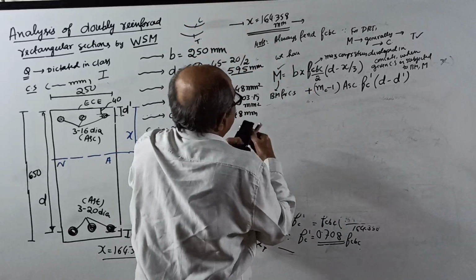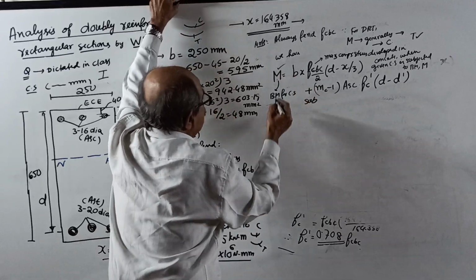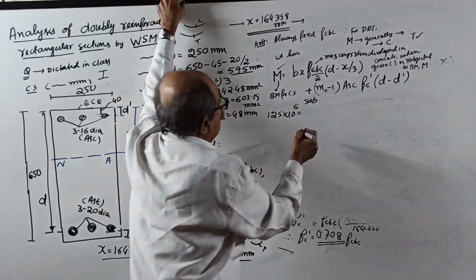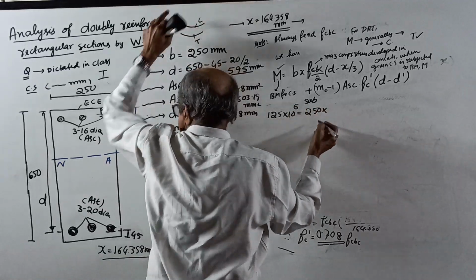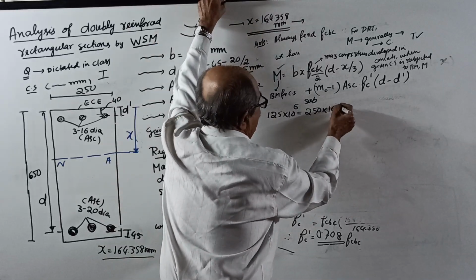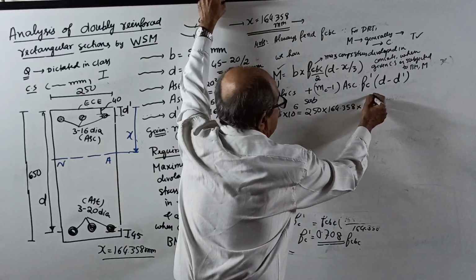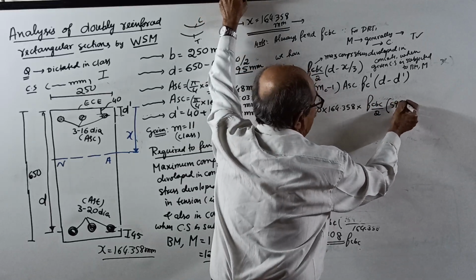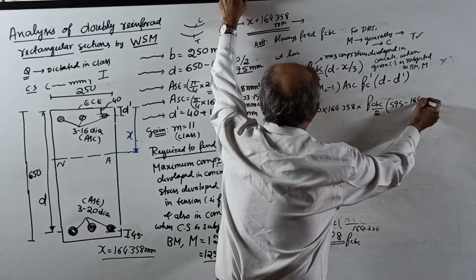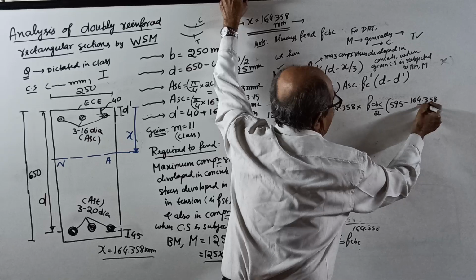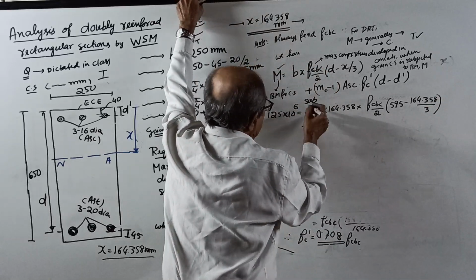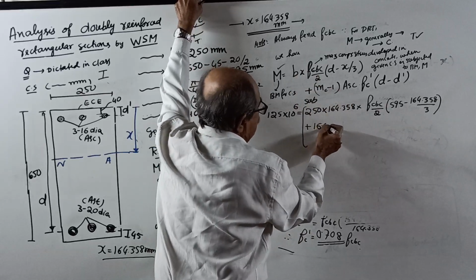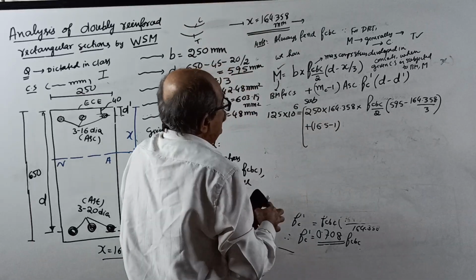Now, substituting, what will happen? M, 125 into 10 to the power 6, kilonewton meter converted to Newton millimeter, equals B, 250, into X, 164.358, into FCBC divided by 2, into 595 minus 164.358 divided by 3, plus (m minus 1), 16.5 minus 1, into ASC.